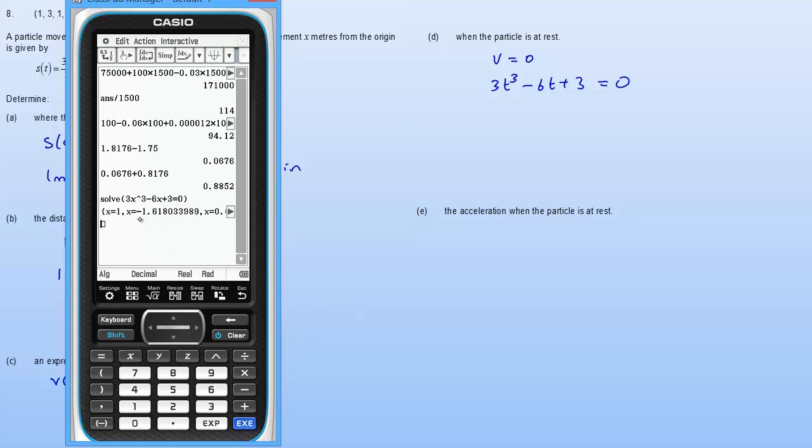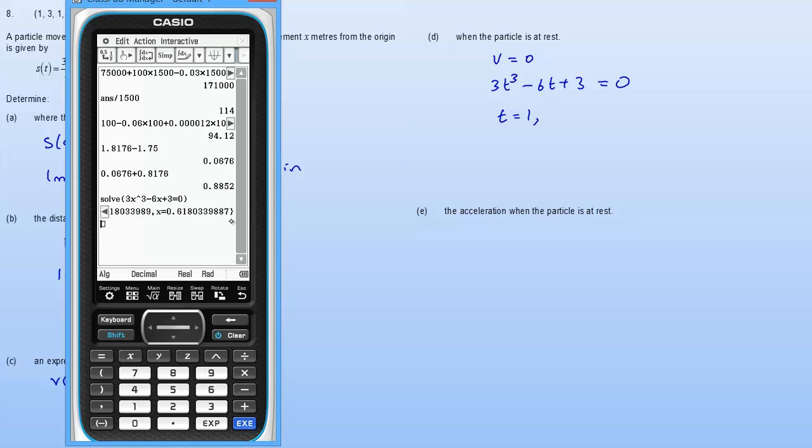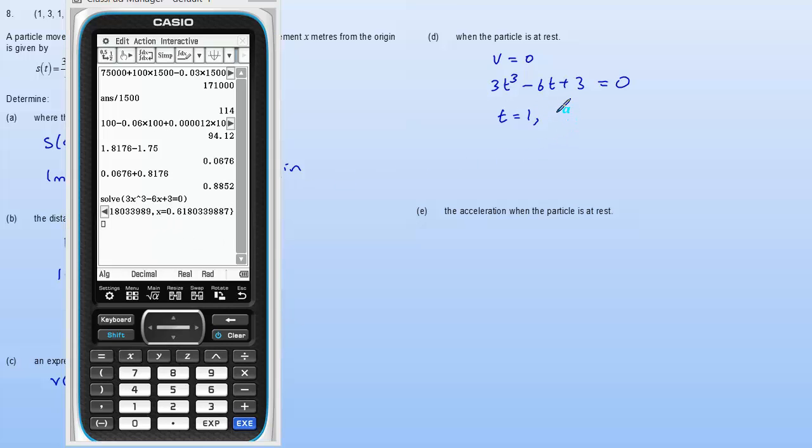And obviously the negative value, t starts at 0, so the negative value is no good. But we've got one solution here, which is t is 1, and there's one just off here, which seems to be at 0.62, so t, I'm going to call it 0.618, keep an extra decimal place there.